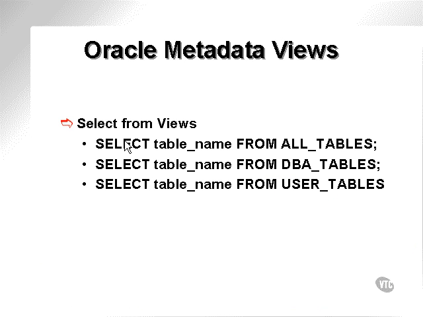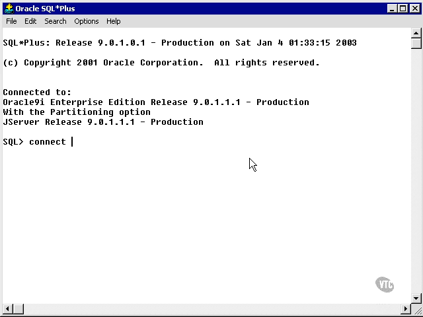Here are some simple queries. In this case, we would be selecting the table name from either ALL_TABLES, DBA_TABLES, or USER_TABLES. I'm now going to log in as the DBA. And I'm going to look at the DBA_TABLES view.